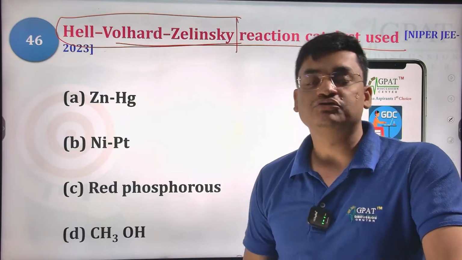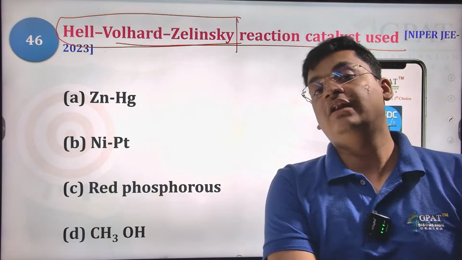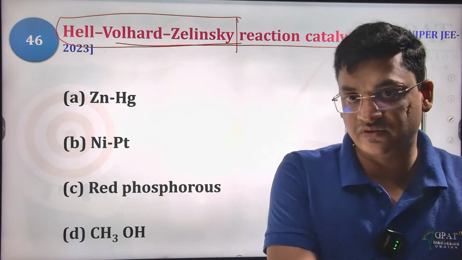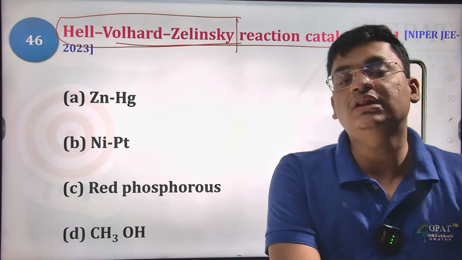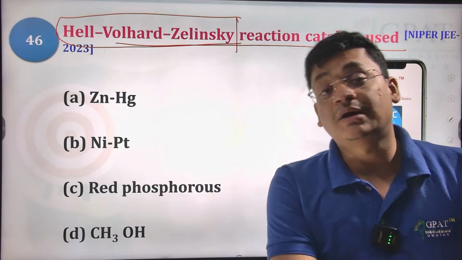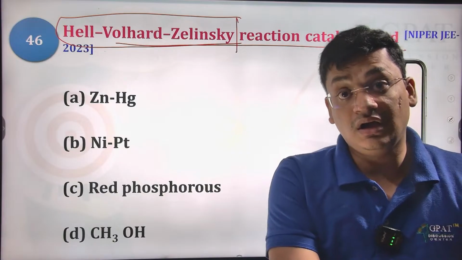And this alpha halogenation of carboxylic acid is possible only when a carboxylic acid that is having alpha hydrogens is treated with halogen in presence of red phosphorus. So all the alpha hydrogens of that particular acid get substituted with that respective halogen.